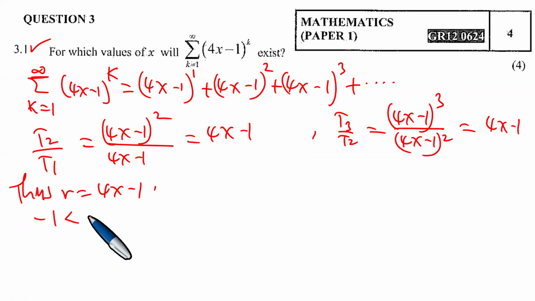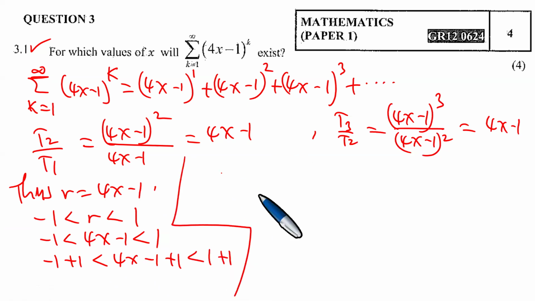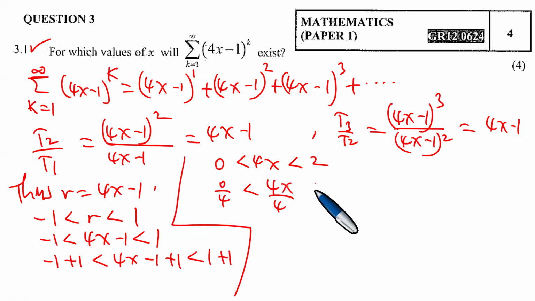So the absolute value of 4x minus 1 must be less than 1, which gives minus 1 less than 4x minus 1 less than 1. Adding 1 throughout, minus 1 plus 1 is exactly 0, so 0 is less than 4x less than 2. Dividing right through by 4, we get exactly 0 is less than x less than 1/2.